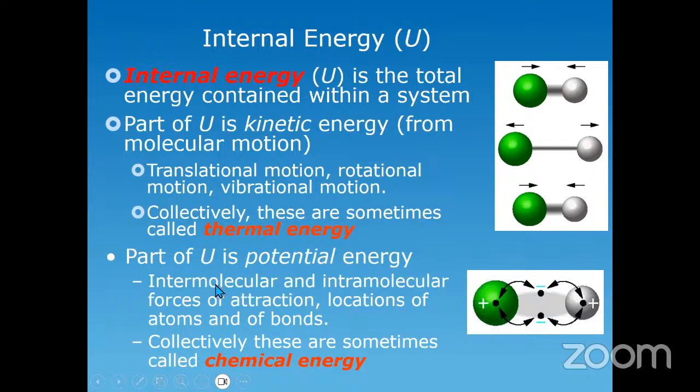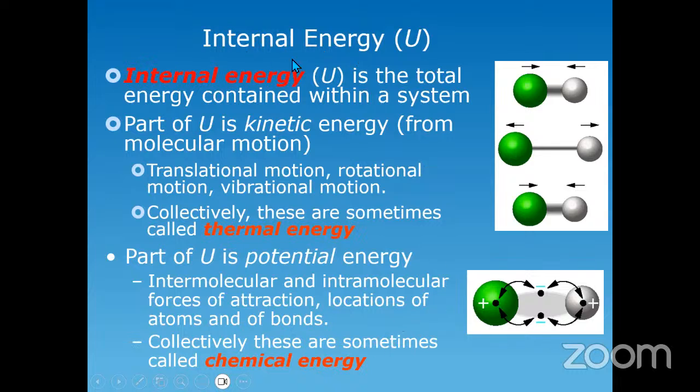And then we have the other part of internal energy, which is potential. And these are most often intermolecular and intramolecular forces of attraction as a result of attractive forces between atoms and as a result of bonds between atoms, right? And typically, we collectively call these energies chemical energy, because usually energy changes involve breaking and formation of bonds, and this takes place in a chemical reaction, all right?